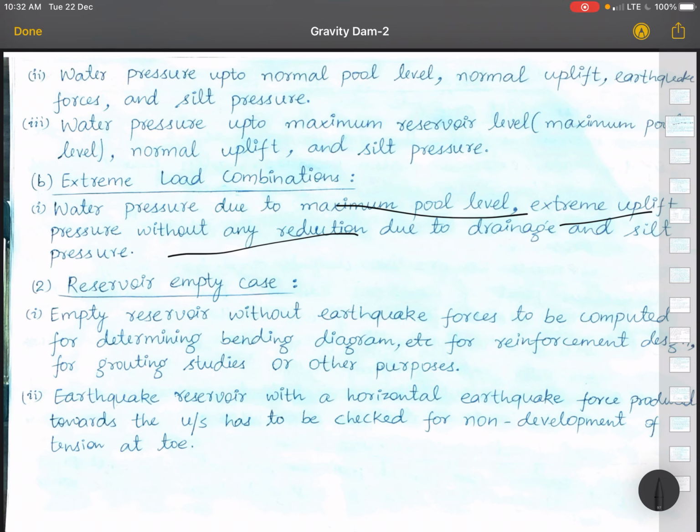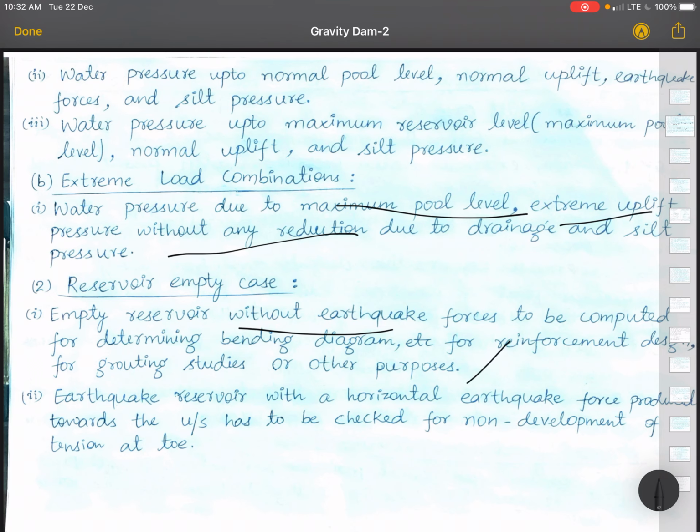This was the case when the reservoir is full. Now let us see what is going to happen when the reservoir is empty. For an empty reservoir without earthquake, forces are to be computed for determining the bending diagram etc., for reinforcement design, for grouting studies and other purposes.